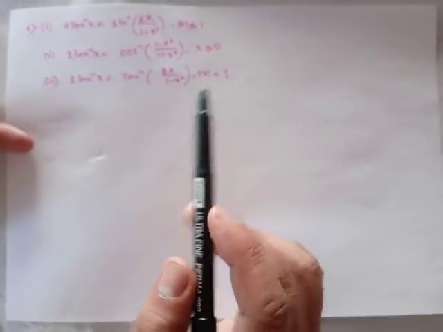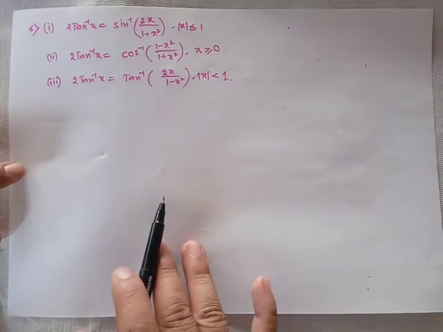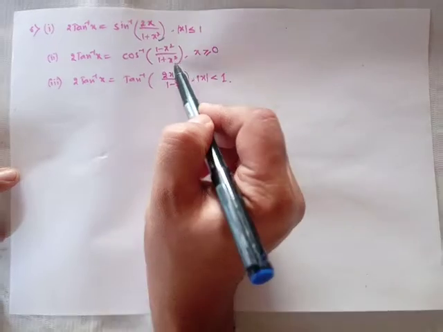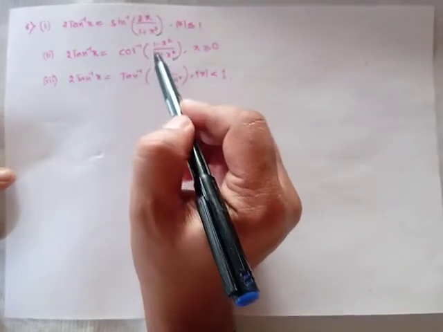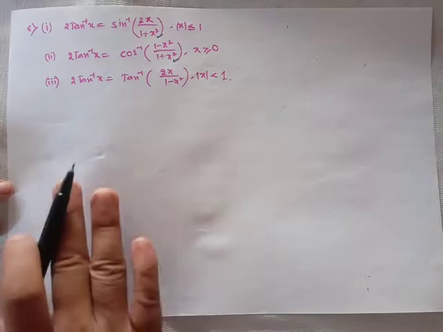In both the cases where sine and cos are given, the denominator will be 1 plus x square.